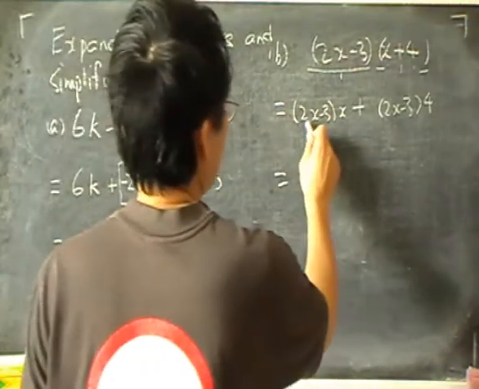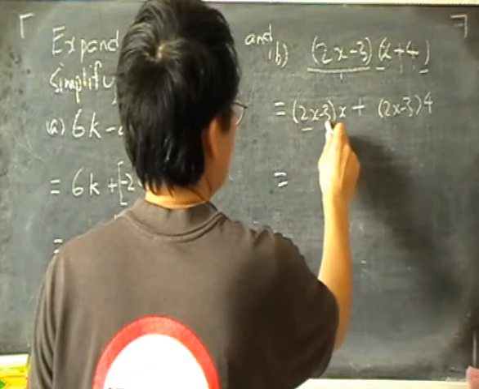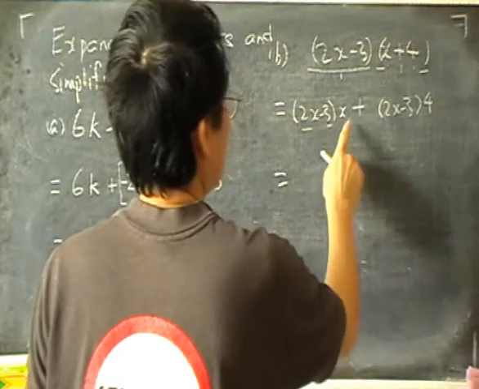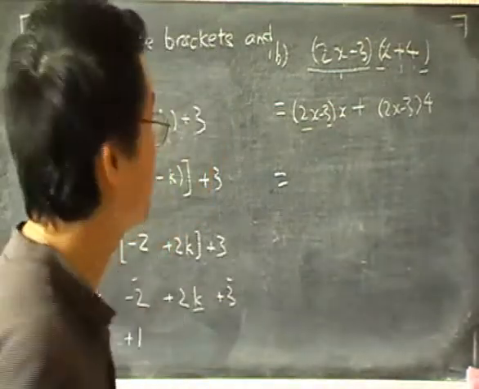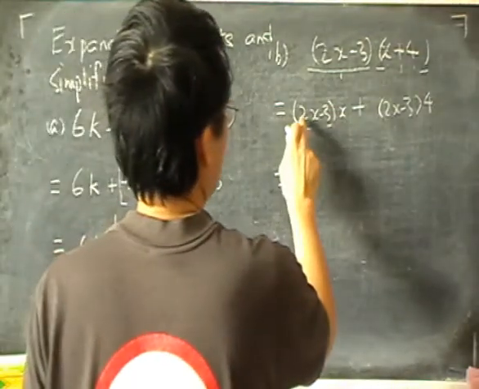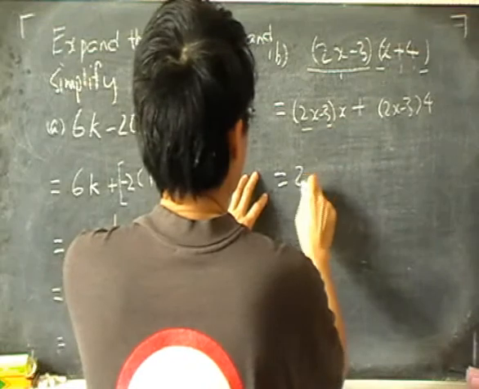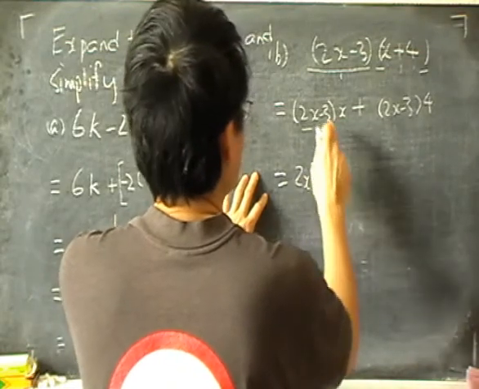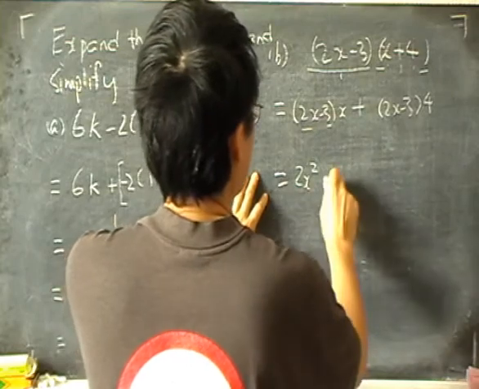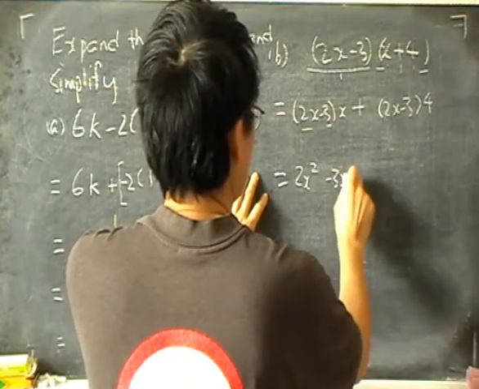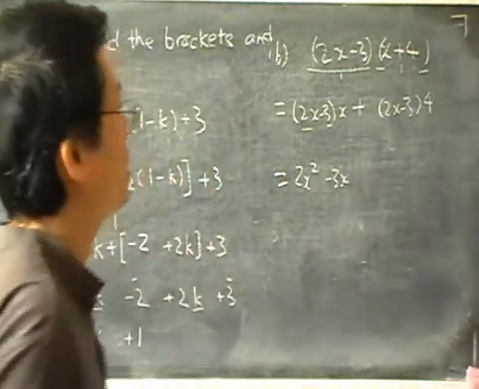Now I have two terms here, 2x and minus 3. I must multiply each of these by x. The first one is 2x times x, which is 2x squared. And the next one is minus 3x times x, which is minus 3x.